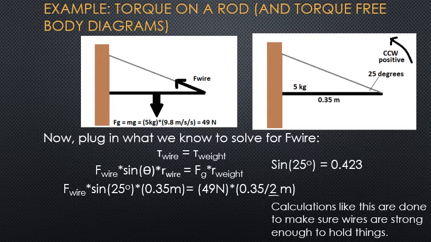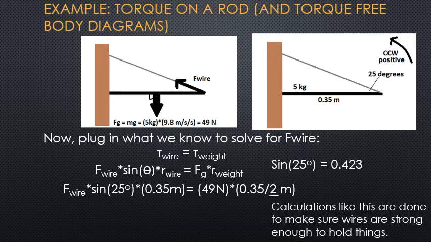So yes, you can see that torque is equal to force times radius times sine. But for gravity, we don't need to worry about the sine because it's already a perfect 90-degree angle there. It's already perpendicular.